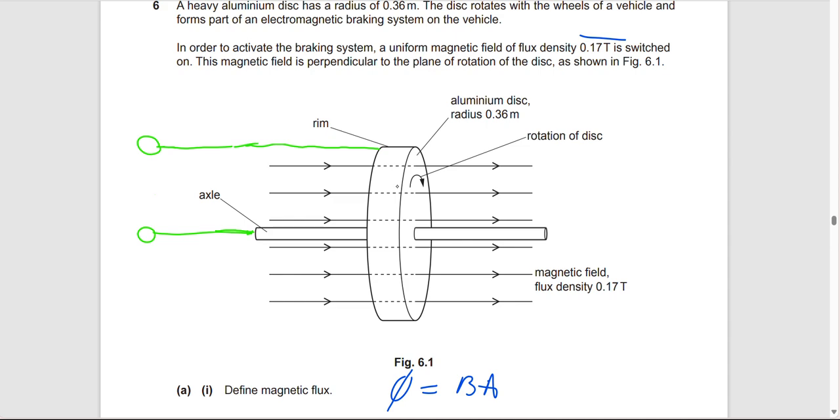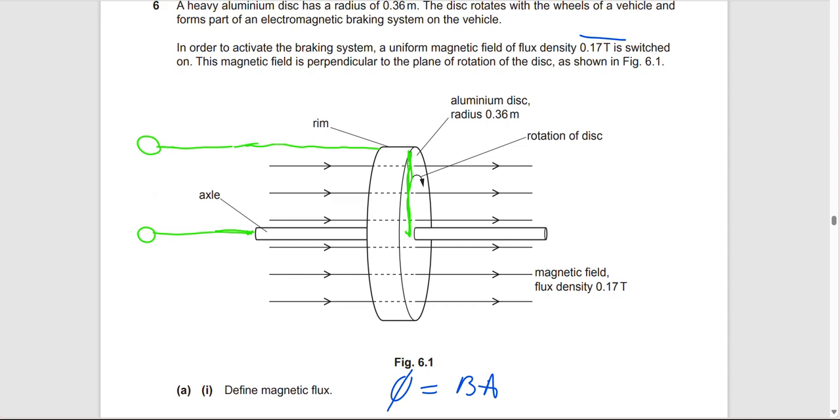So current is going to be from there to there. We just need to determine the direction, whether it's up or down. That's the first thing. Now we know that from Lenz's law, the direction of the induced current is always such that it opposes the change causing it.